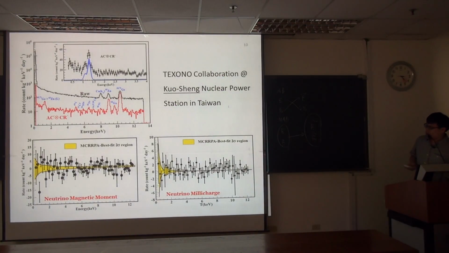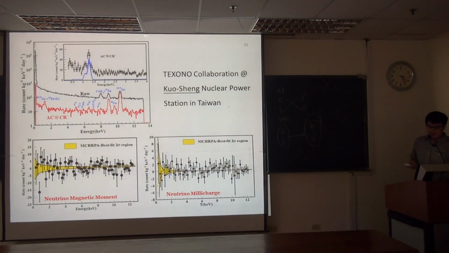We also collaborate with the TEXONO group, whose detectors are put near the Kuosheng nuclear power station, 核二厂, to receive the electron anti-neutrinos.